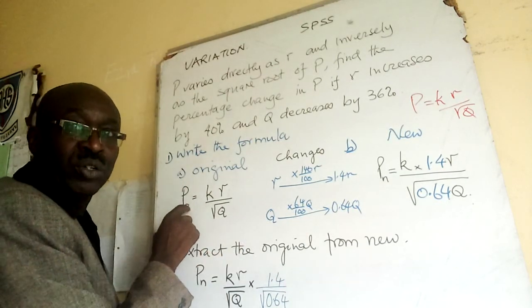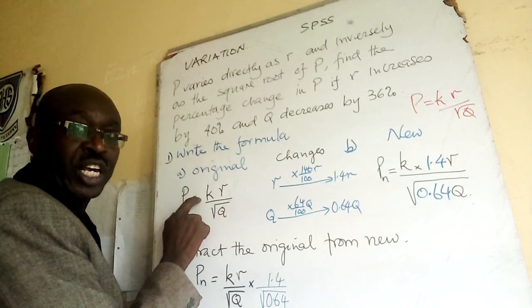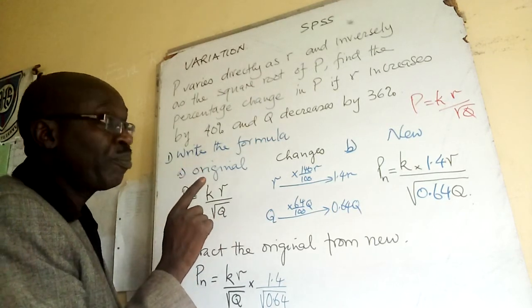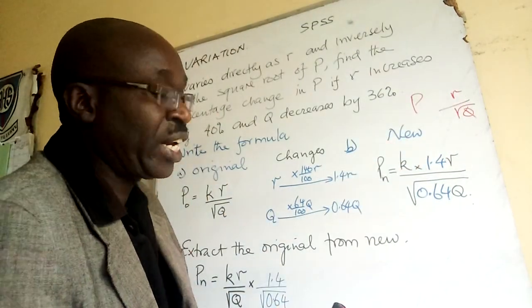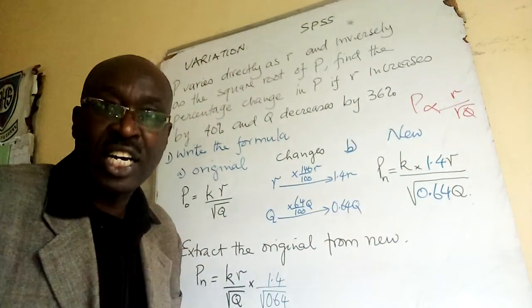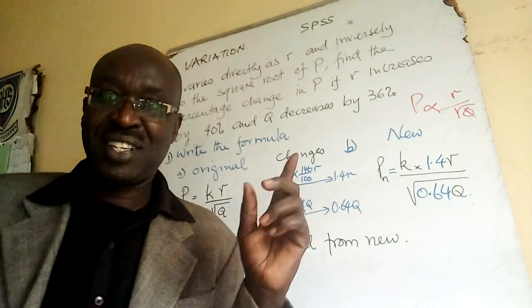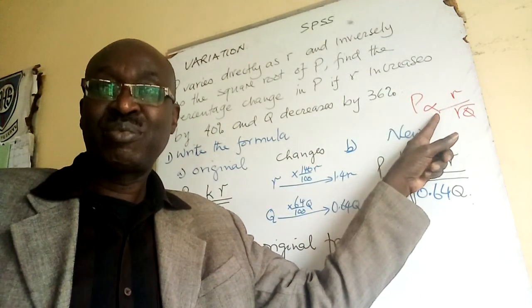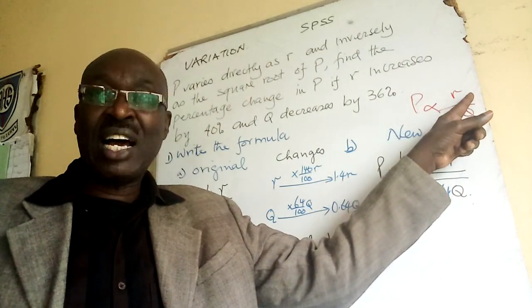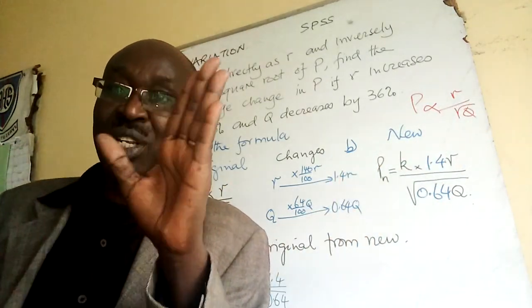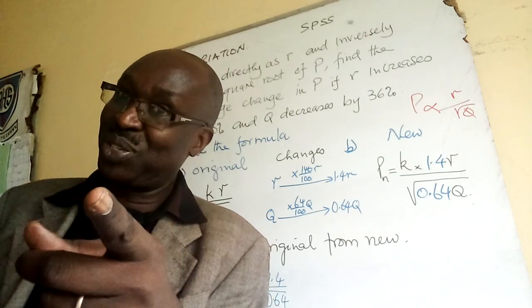P original, the original situation, is this. You introduce K. Otherwise, the relationship we have read is this. You can see on the right hand side I have R and square root of Q. That is a relationship, but it's not a formula.